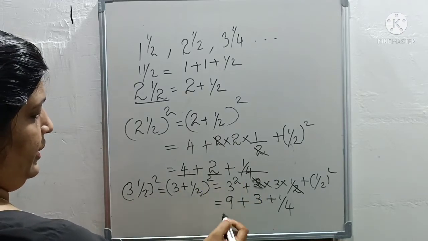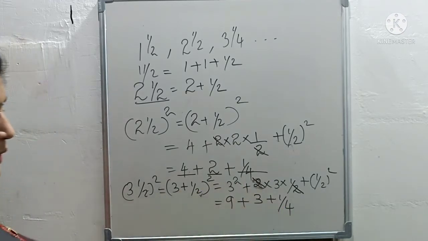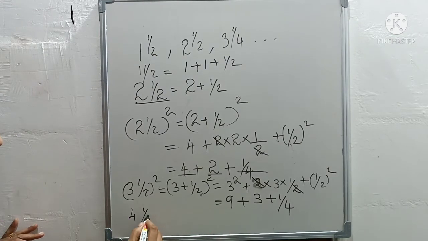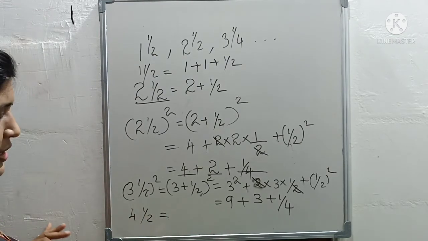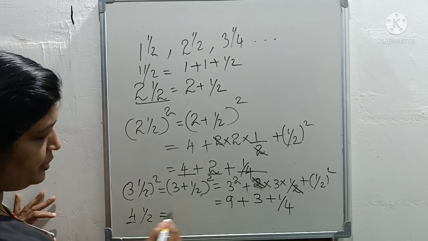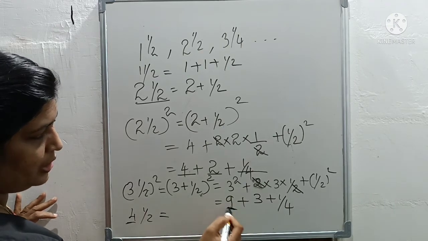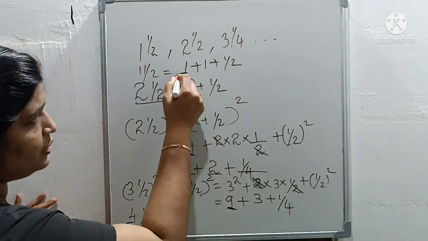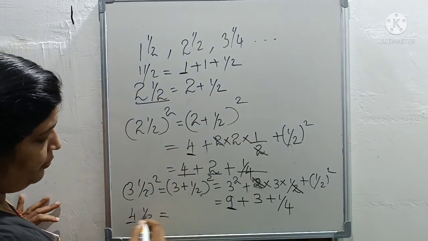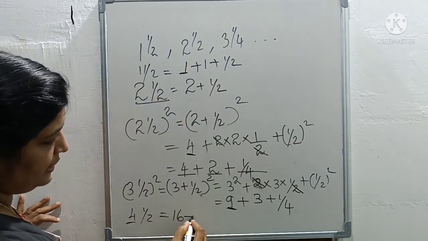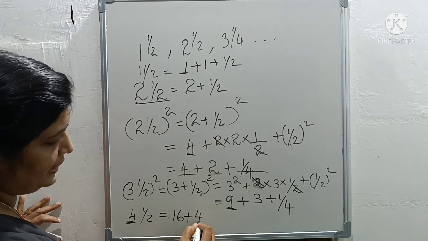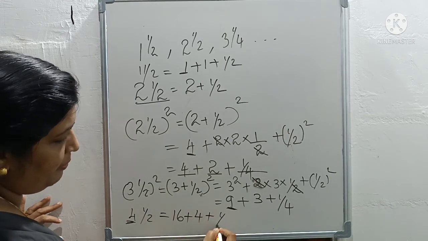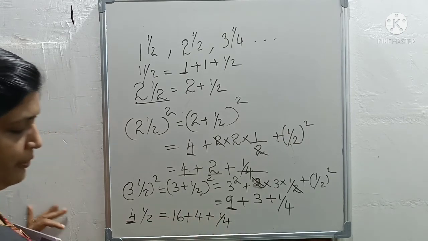And 3 1/2 squared is 9 plus 3 plus 1/4. Then what about 4 1/2 squared? How can we find this? That is equal to 4 squared, where this is 3, this is 2 and this is 1. So 4 squared is equal to 16, plus this number itself, 4, plus (1/2) whole squared, that is 1/4.